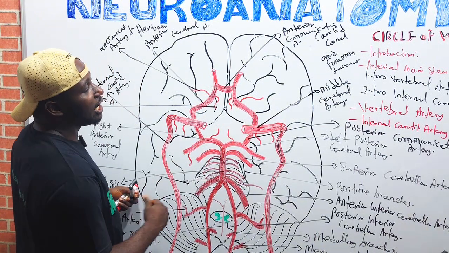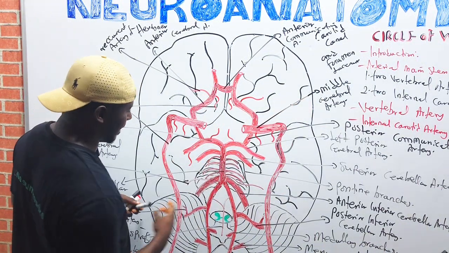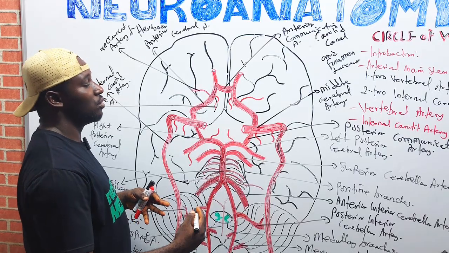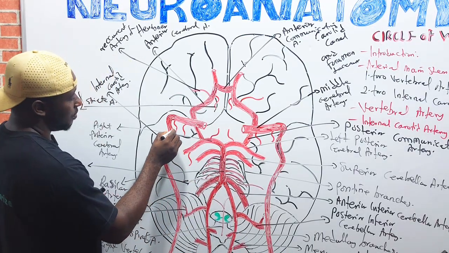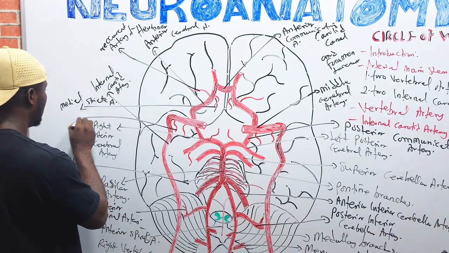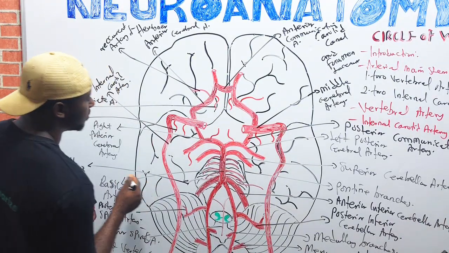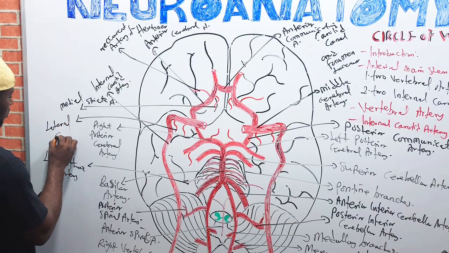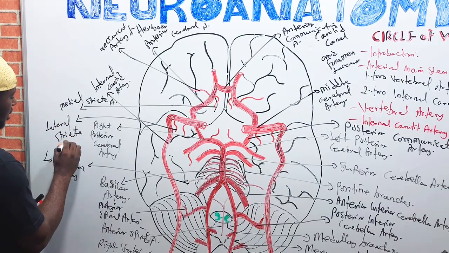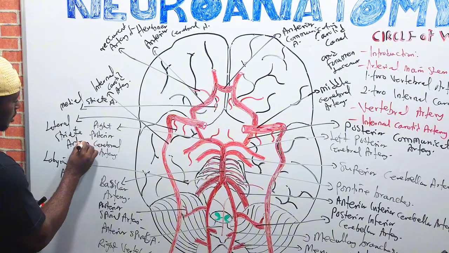While the middle cerebral artery gives rise to some branches, where we have the lateral striate artery.